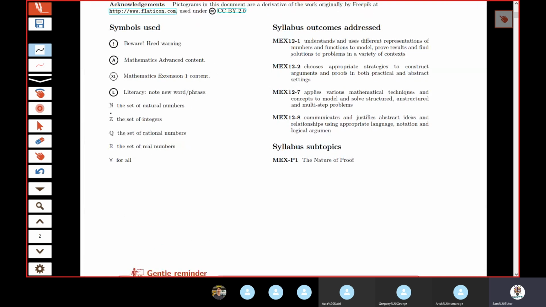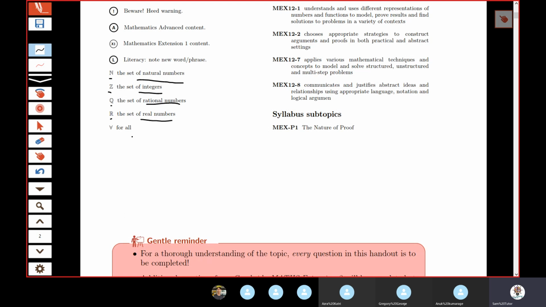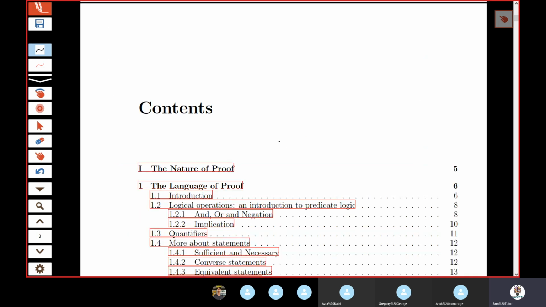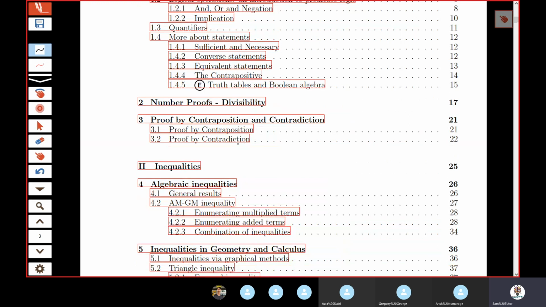You've got to learn that N now means the set of natural numbers, Z is the set of integers, Q would be the set of rational numbers, R is the set of real numbers, and then an upside down capital A is for all, and there's a few more as well. So don't worry. But I'm saying there's a lot of annoying stuff.